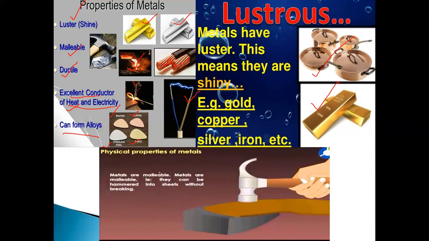This is a very important physical property of metal, due to which they are used in different industries, so that they can be hammered into sheets without breaking. We can heat them at very high temperature, and then by pressing and beating we can change them into different sheets.